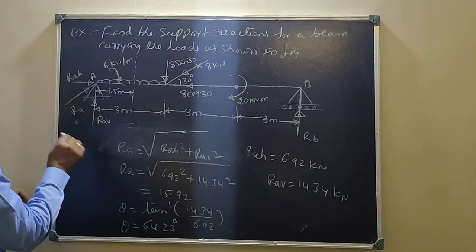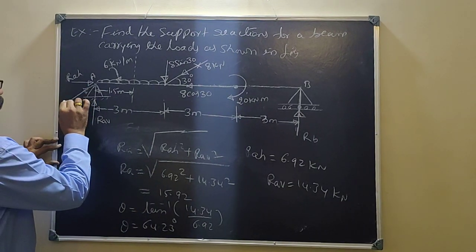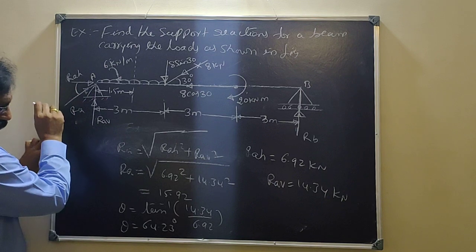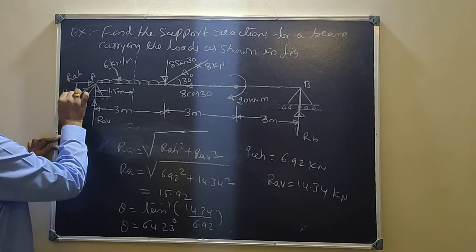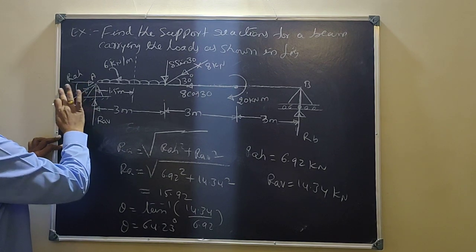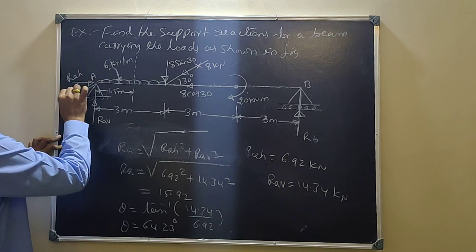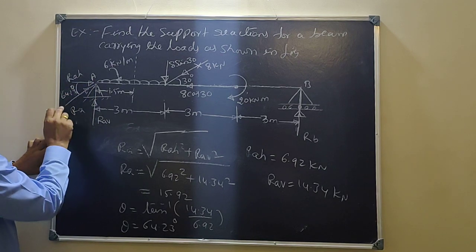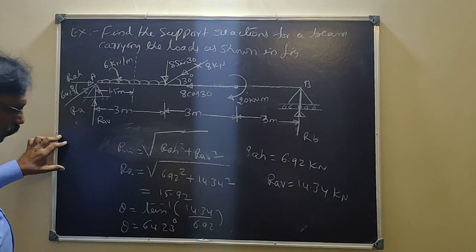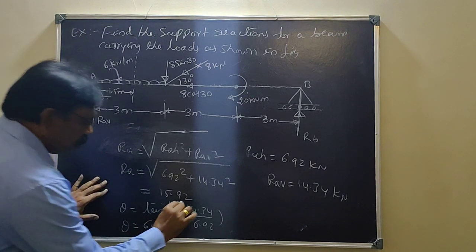That means this will be acting at an angle of 64.23 degrees with the horizontal, and Ra is equal to 15.92 kilonewton.